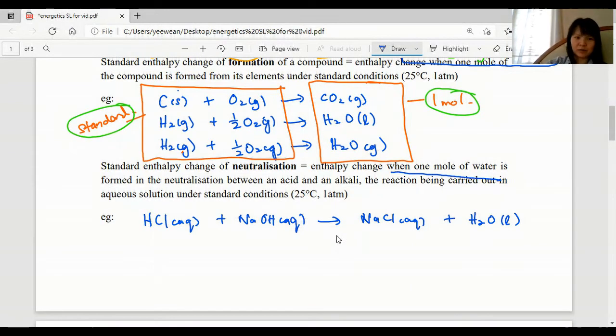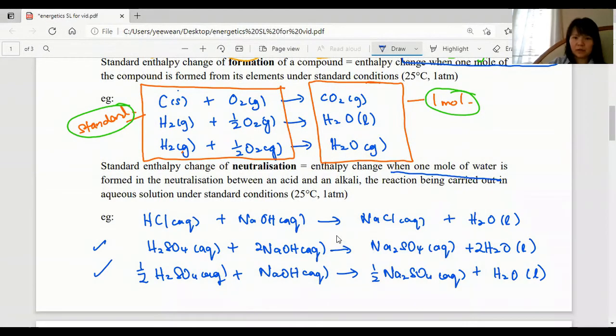Okay, other examples. Let's look at these two equations. Sulfuric acid with sodium hydroxide, we get sodium sulfate with water. So this equation, the second one, doesn't fit the definition, when it says 1 mole of water must be formed.